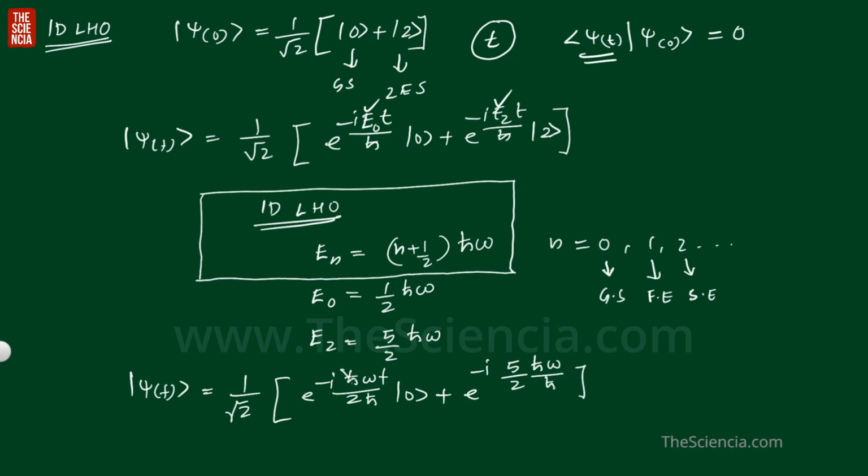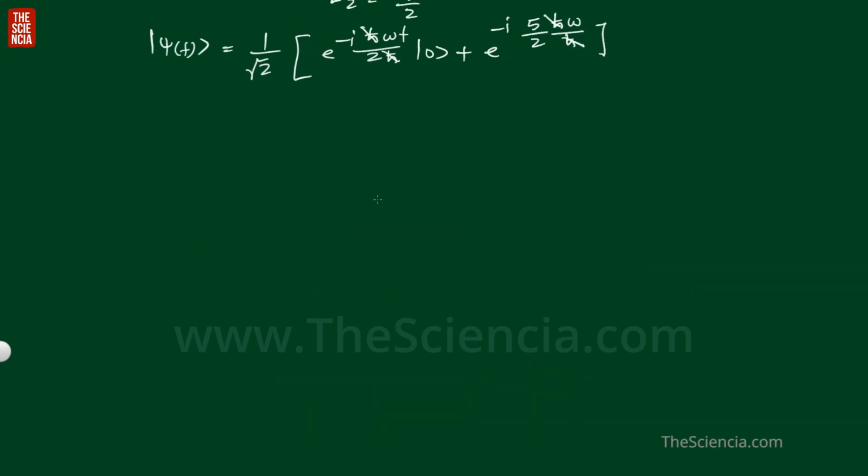So we can cancel this h cross and h cross and this h cross and h cross, right? That is, we will get psi of t is equal to 1 by root 2 into e raised to minus i omega t by 2 ket 0 plus e raised to minus i 5 omega t by 2 ket 2.